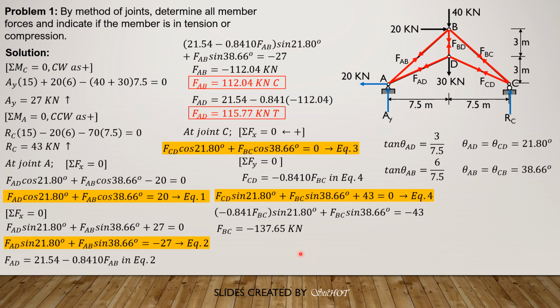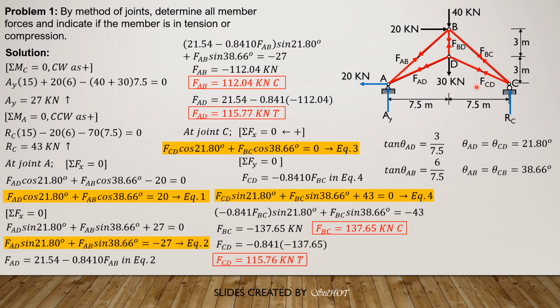So FCB is negative 137.65 kilonewtons, or FCB is 137.65 kilonewtons compression. Then substitute the value of FCB into this equation here. So FCD is negative 0.841 times negative 137.65. So FCD is 115.76 kilonewtons tension.